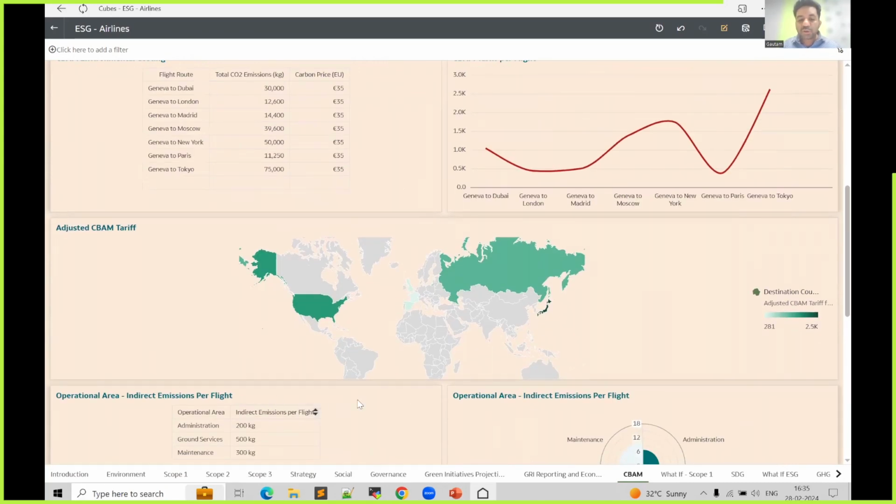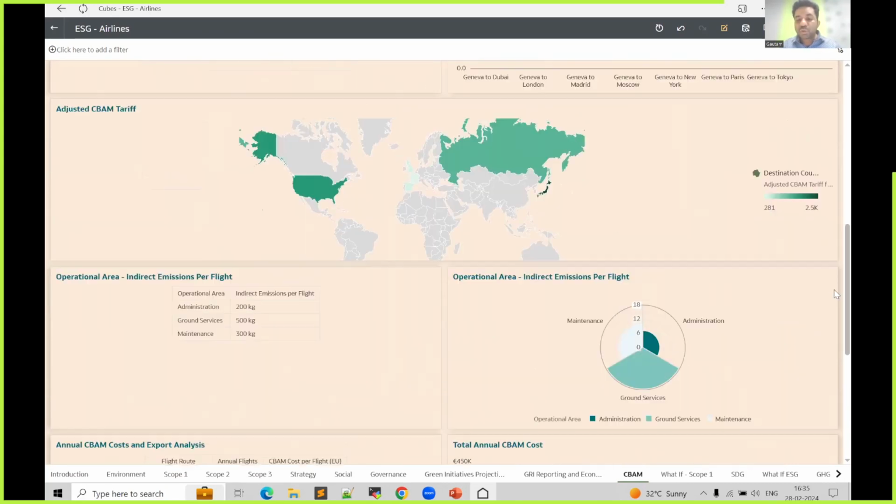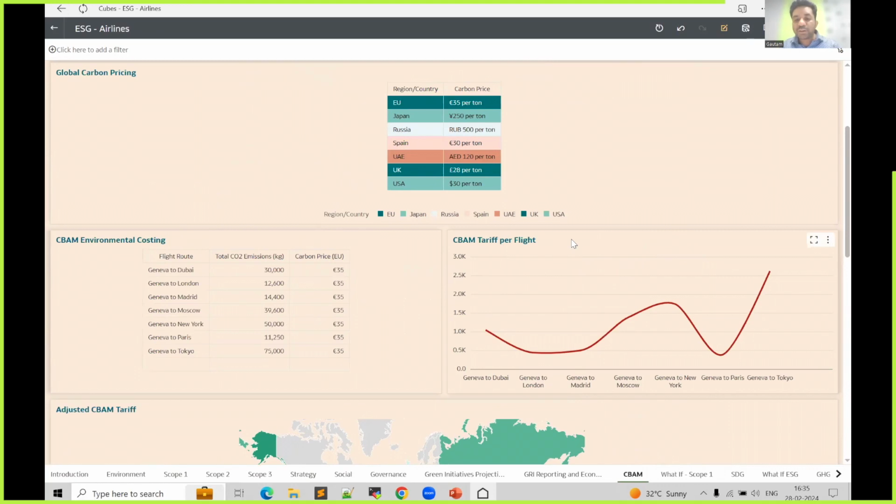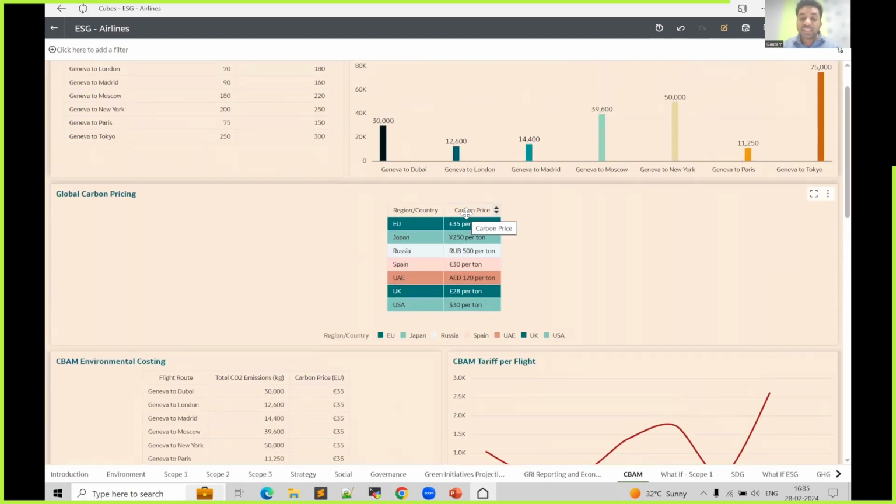To calculate your CBAM, you also need to look at your different CBAM tariffs, the carbon border adjustment tariff per flight, which is calculated based on the overall carbon emission and the carbon price. This is computed based on the carbon price legislated by the different regulatory bodies.